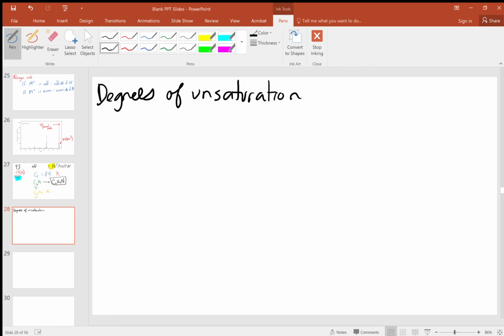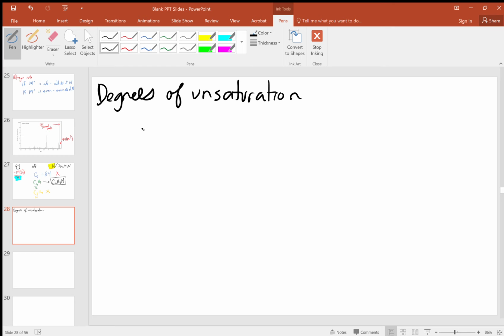So when we think of things as saturated or unsaturated, that's a reference to the ratio of carbons and hydrogens primarily. So when we say a molecule is saturated, that means it has the maximum possible number of hydrogens given all of the other atoms that it has.